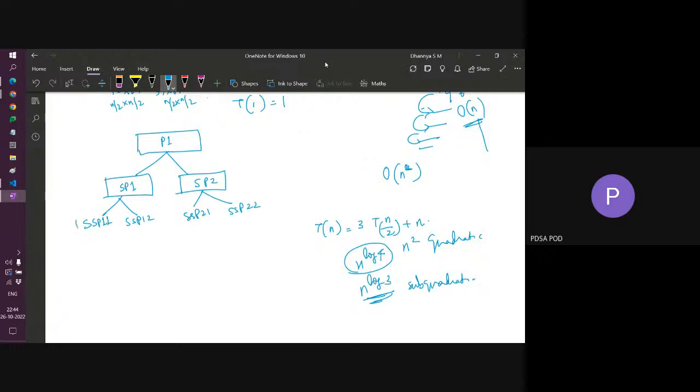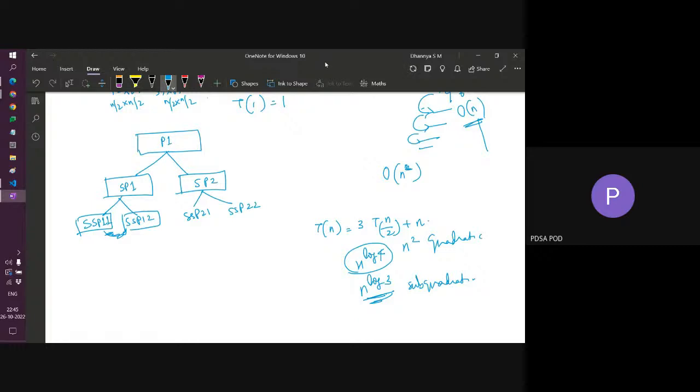As I told you, these are disjoint; these do not have any common overlapping components at all, and you combine the solution and everything. So instead of solving the recurrence the tedious way, can we find the complexity of this algorithm in a much simpler way?